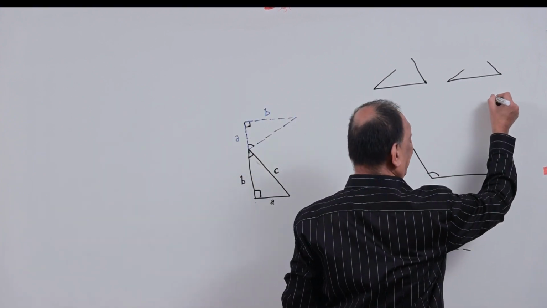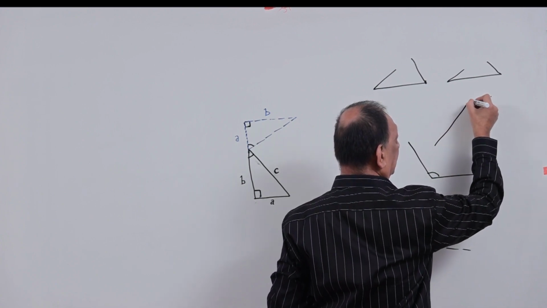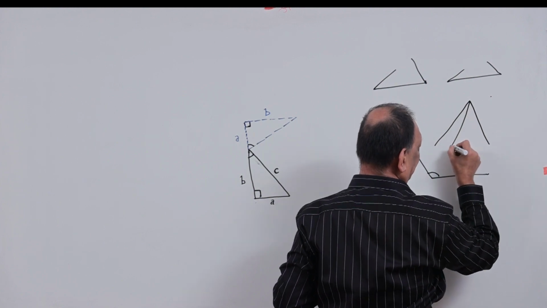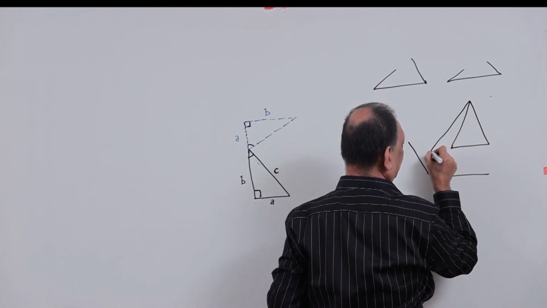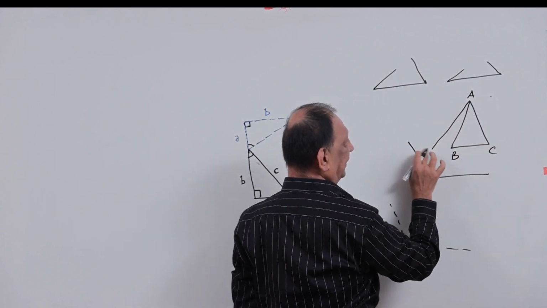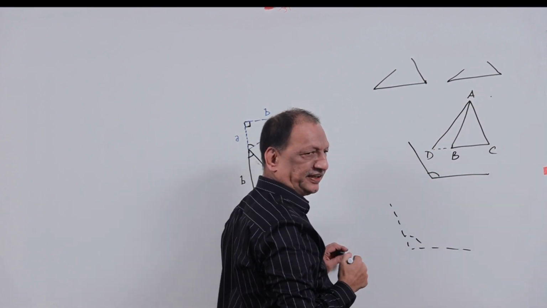That means, for example, take one isosceles triangle. So ABC is an isosceles triangle and I stretch this to D and draw another side AD.